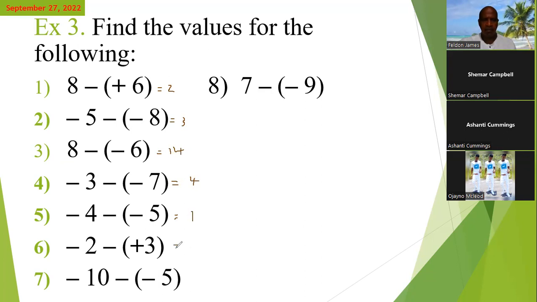And this one, negative 5. And this one up here, positive 16.